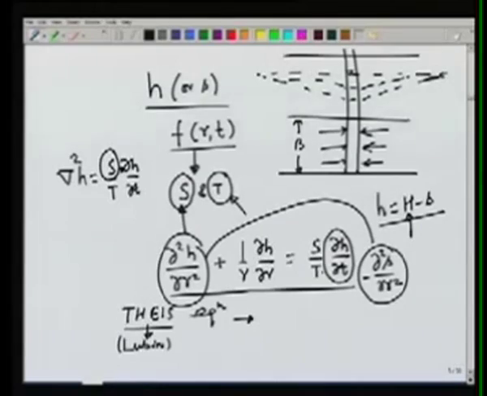Therefore, the second derivative of h with respect to r would be equal to negative of the second derivative of S with respect to r. So similarly, we can put these terms also in terms of S, and the Theis solution gives the drawdown S at any radius r and at any time t.